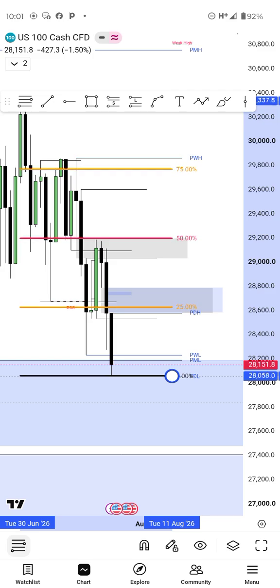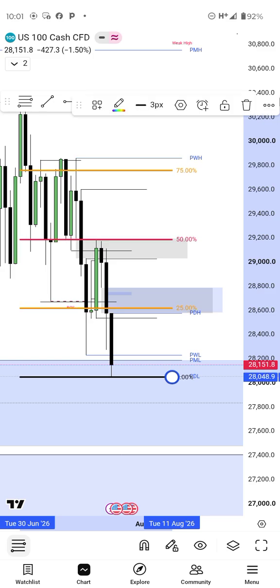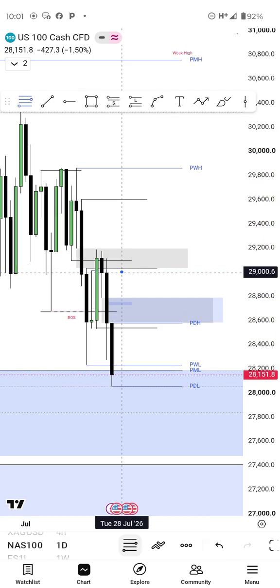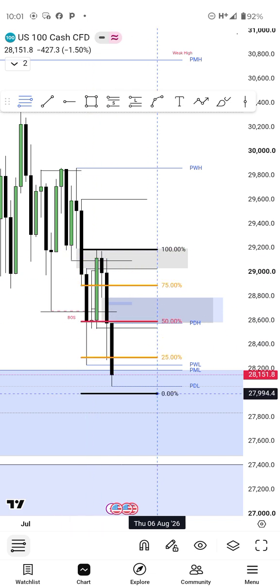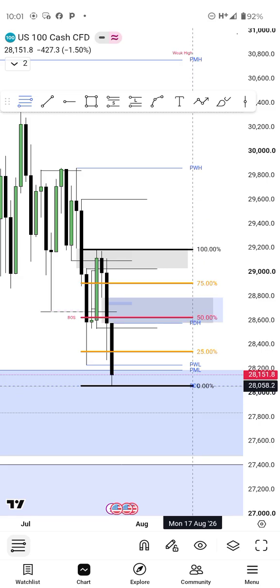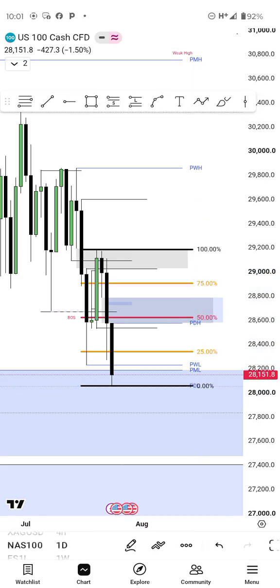Now weekly doesn't show any distance. So right now, in the daily, let's do the analysis in the daily because the weekly is not too clear. So we have this FVG in the daily time frame, which will mitigate and continue the chain.